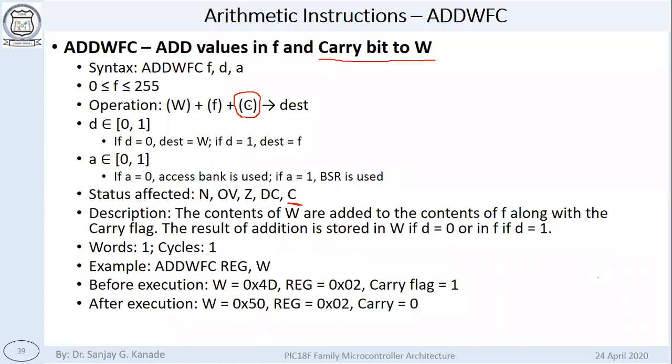Where will we use this kind of instruction? If we want to add, let's say, 16-bit numbers, we will have to use it. The rest of the things in this instruction are exactly the same as ADDWF. ADDWF and ADDWFC are very similar. The only difference is that the carry bit is also added in this instruction.